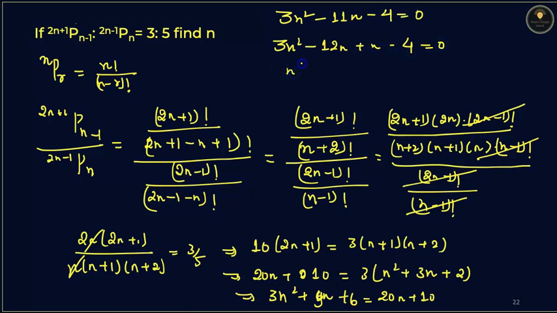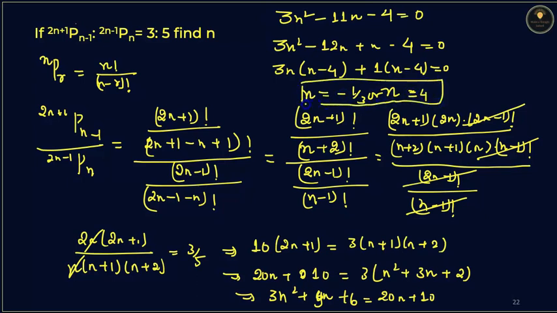If I take 3n common, you will get (n minus 4). If I take 1 common, you will get (n minus 4). So you are getting the value of n equal to minus 1 by 3, or n equal to 4.